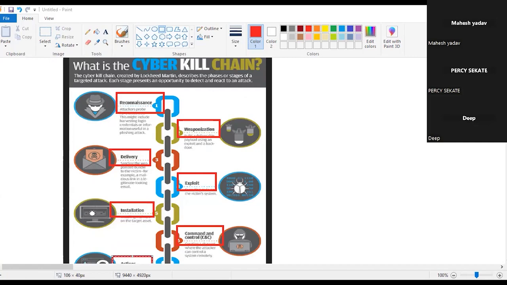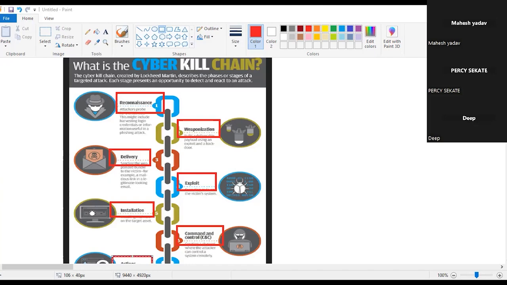Then the fourth step is executing the code on the victim machine and getting a reverse shell or bind shell. Fifth, installation: installing all the required dependencies and DLLs that a malware kit requires for the hacker to execute their control over the target.